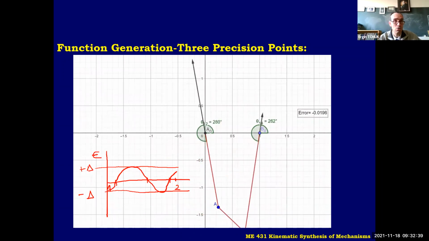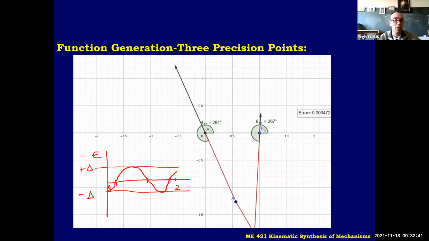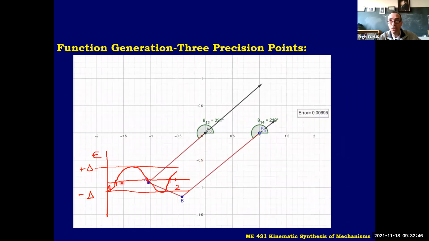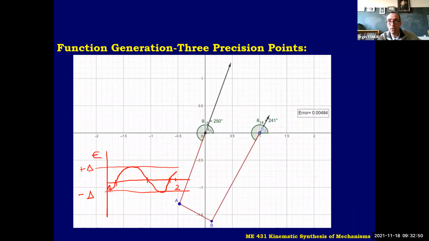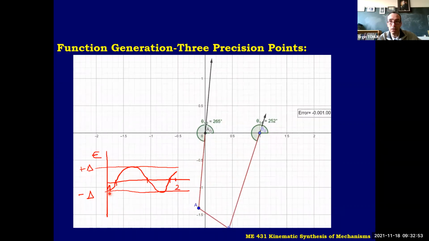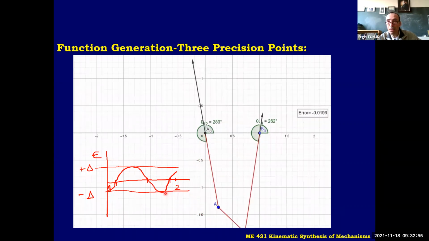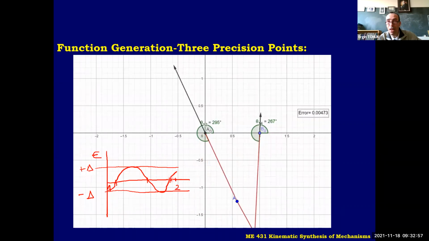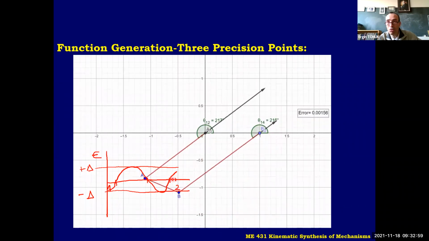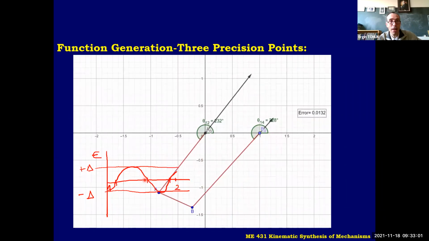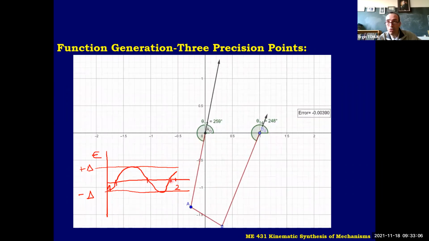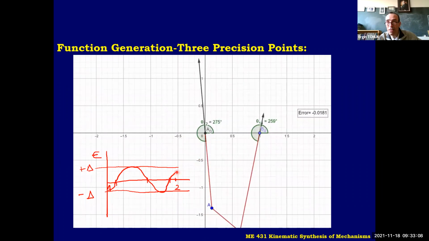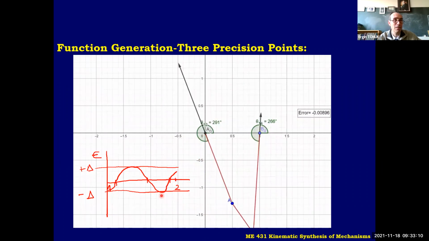Let me switch to the laser pointer, I'm sorry. You may try to move this precision point to the right a little to increase this error. Say this is exceeding the line, then that means you have to reduce this span a little. If this is touching, don't touch this. Just move this slightly here, then this is going to increase, this is going to decrease, okay?